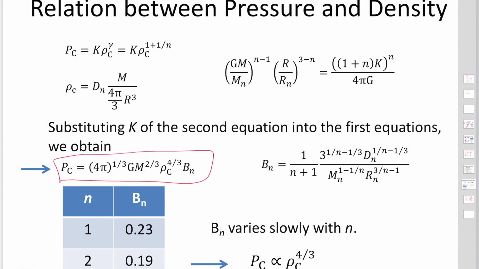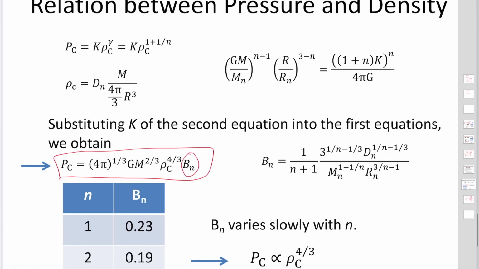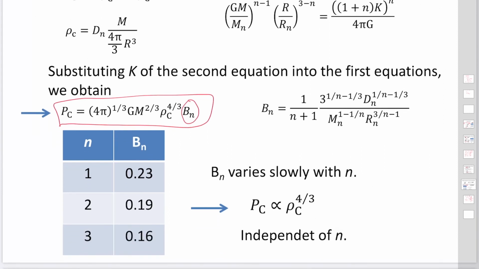Substituting the K of the second equation into the first equation, we express the central pressure as a function of the mass of the star and the central density of the star times b sub n. And by changing n from 1 to 3, we calculate b sub n. b sub n is 0.23, 0.19, 0.16.